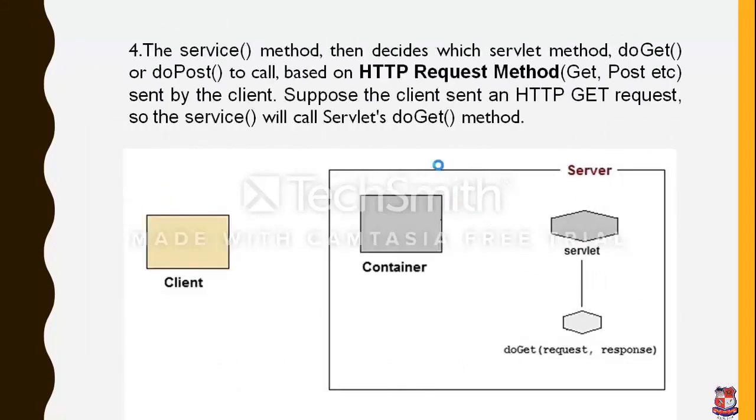Now the service method decides which servlet method, either doGet or doPost, to call based on the HTTP request method. If we use the get method, then it will call doGet method. If we use the post method, then it will call doPost method. By default, it will take doGet method.